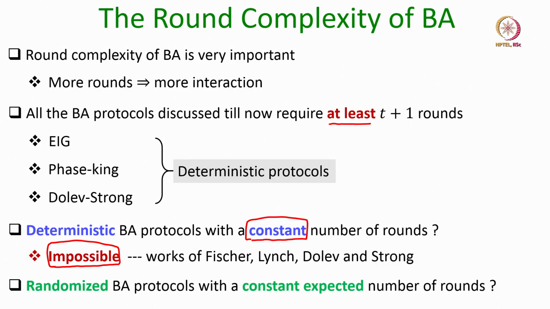That automatically means that if we want to get rid of this impossibility, we have to embrace randomization, we have to go for randomized BA protocols and randomized broadcast protocols, and such protocols will give us the guarantee that they require a constant number of rounds in expectation.